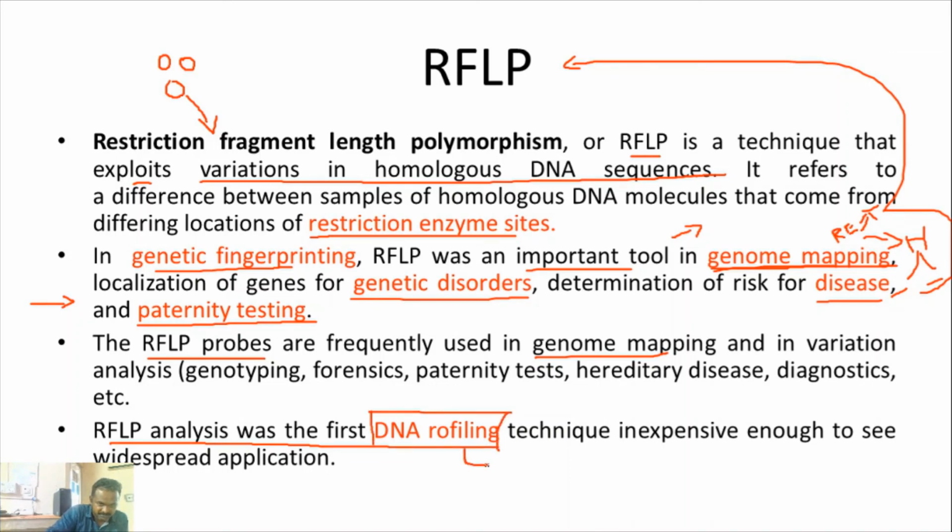It is used for identifying a number of phenomena in genetic engineering. After the invention of the restriction enzyme, these techniques evolved. This is called a profiling technique, and it is very inexpensive, with widespread applications.